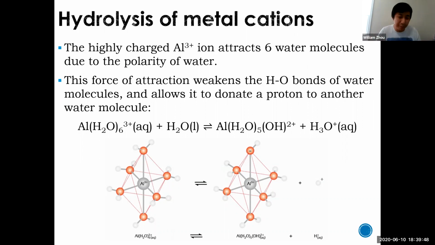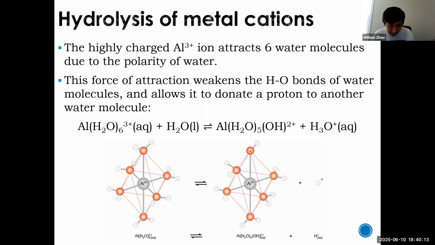And because you became an OH, you became 1-, and that cancels the 3+ into 2+. So that's why you have aluminum H2O5 and an OH with a 2+. You lost the hydrogen. And then that hydrogen got sad, found another friend, and water, H3O+ is formed. You indirectly produce H3O, which makes the solution acidic.